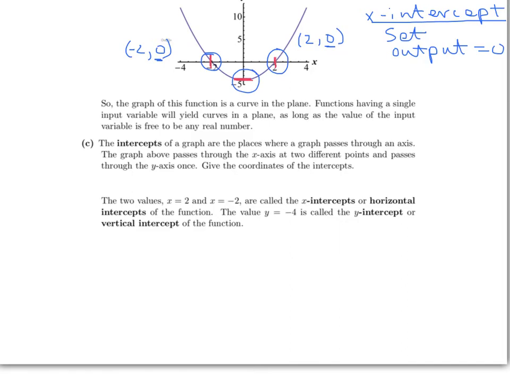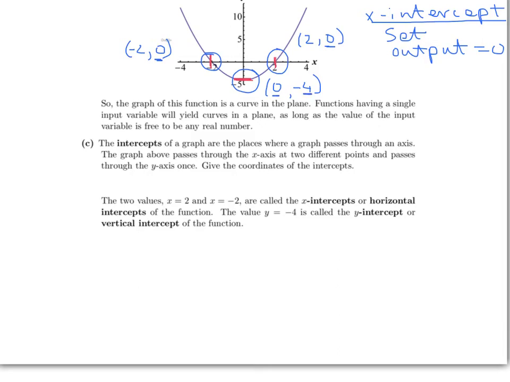Okay, now let's talk about the y-intercept, negative 4. If we write down the coordinates of that point, the second coordinate is negative 4. The first coordinate is a 0. Remember that the coordinates go input, comma, output. So this 0 is an input value, and the negative 4 is an output value.